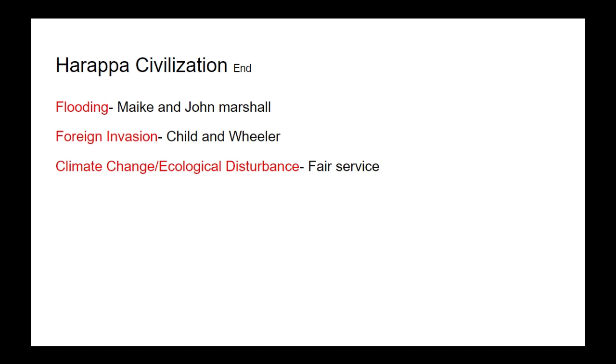Childe and Wheeler's opinion of foreign invasion is based on the following. At the time of the Indus Valley civilization, it was a very well civilized place, and the nature of the civilization was highly urban. So people around the Indus Valley civilization got attracted to Indus Valley sites.